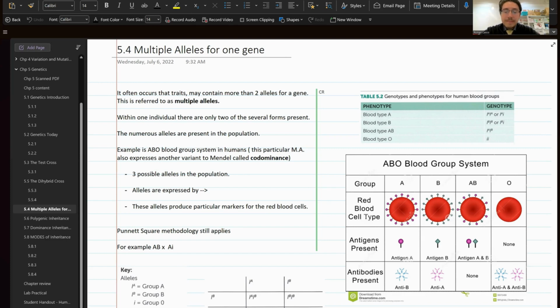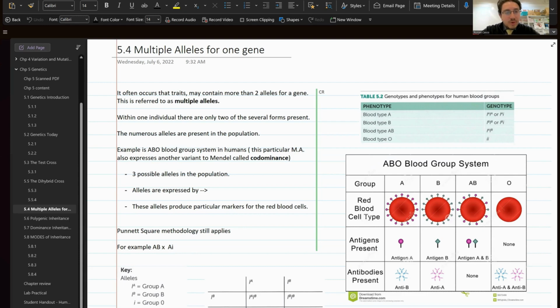We're going to go through several of these: multiple alleles for one gene, polygenic inheritance, and variations of dominance, for example incomplete dominance or codominance. And then we're going to get into pedigree charts. So let's get to it.